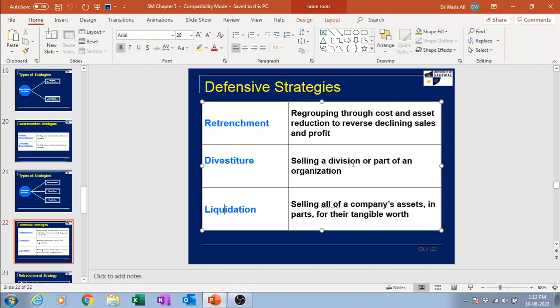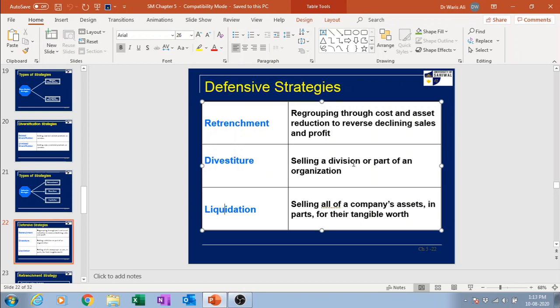But sometimes you are not selling all the assets. You are selling a division, one department, one unit, a few units, or parts of the company, parts of assets. Then that's going to be called divestiture strategy.